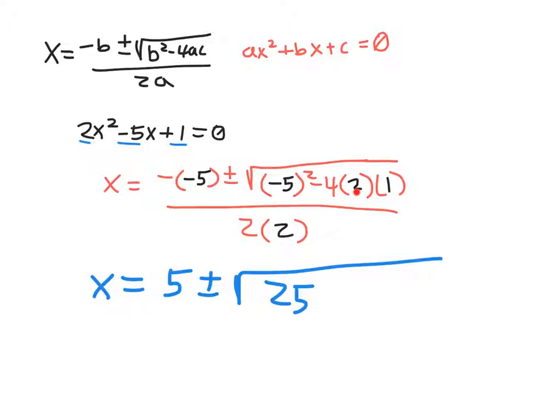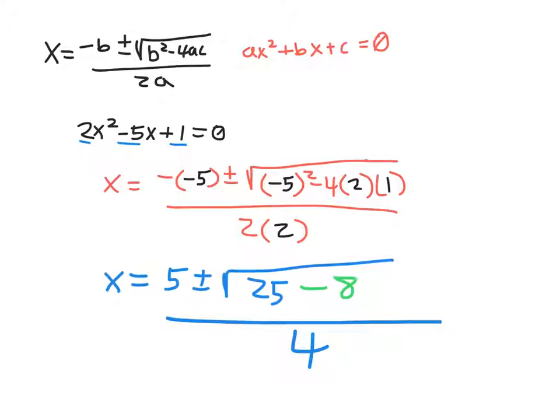It's a negative 4 times a 2 times a 1. So that would be a negative 8. It will end up being a subtraction situation, but you just write negative 8 right there. All right. Then put it all over 4, and let's see where this goes.